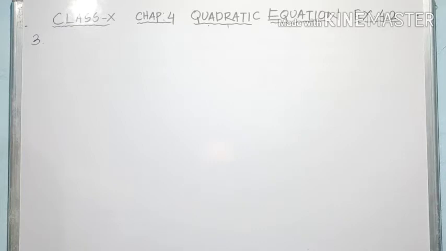Find two numbers whose sum is 27 and the product is 182.